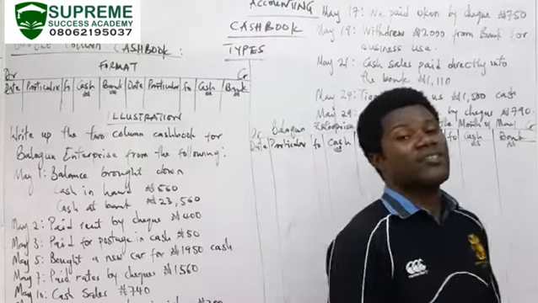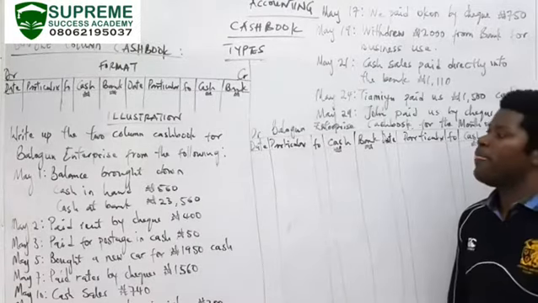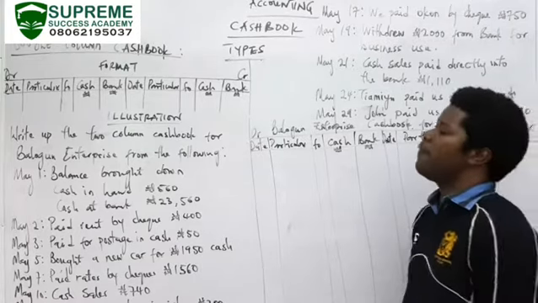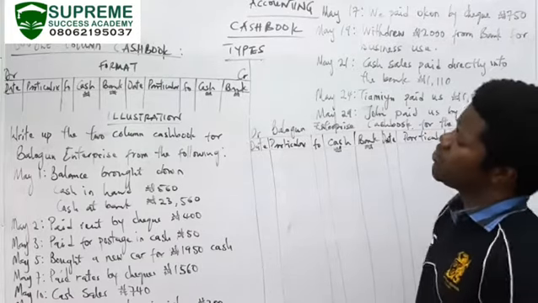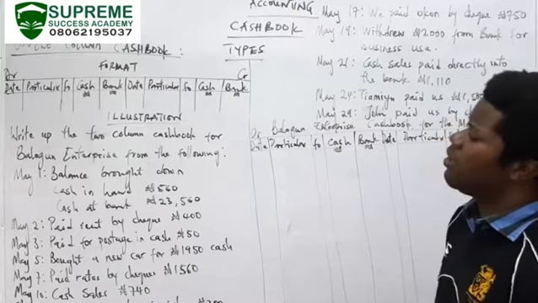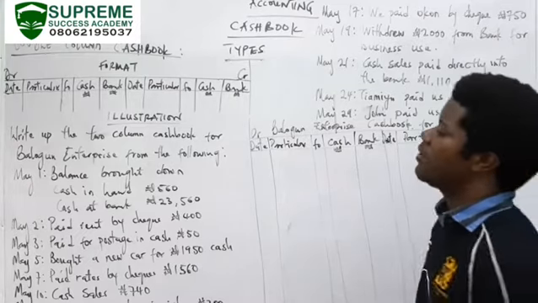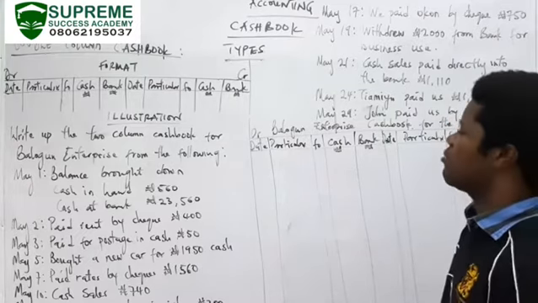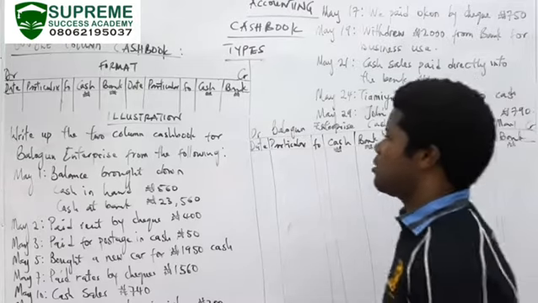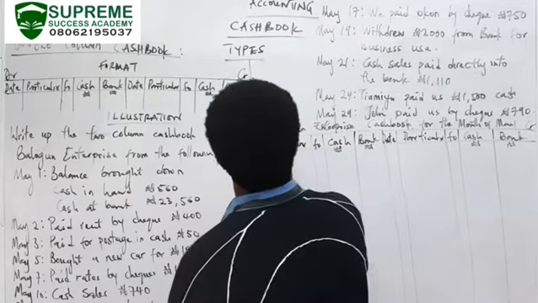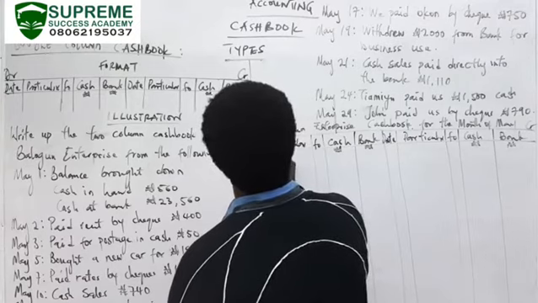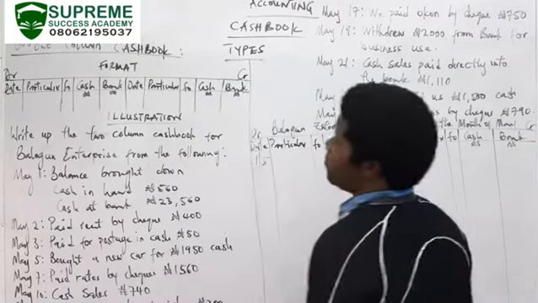So we take the transactions one after the other. On the 1st of May, the illustration says balance brought down, cash in hand 560, cash at bank 23,560. May is the 5th month of the year.